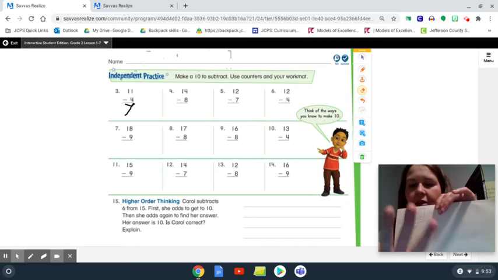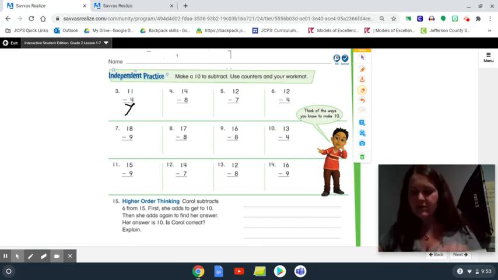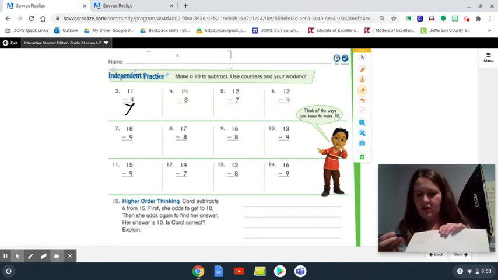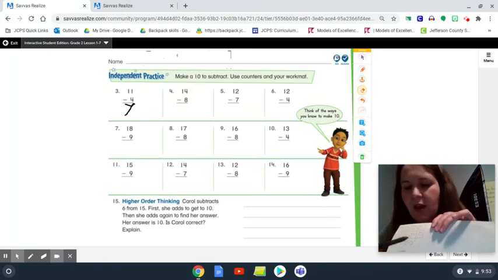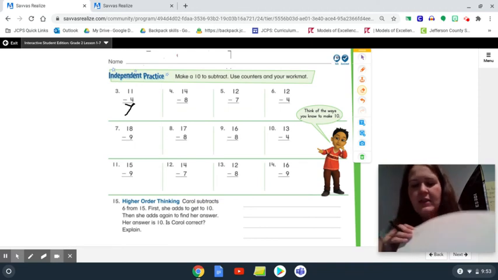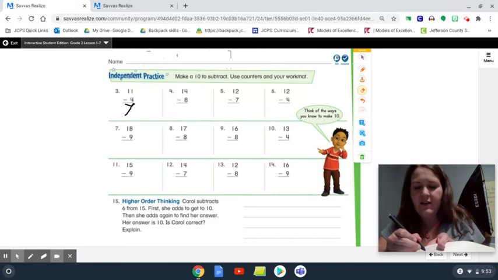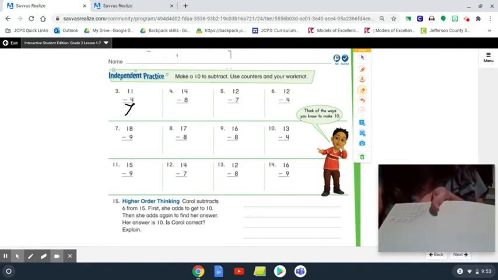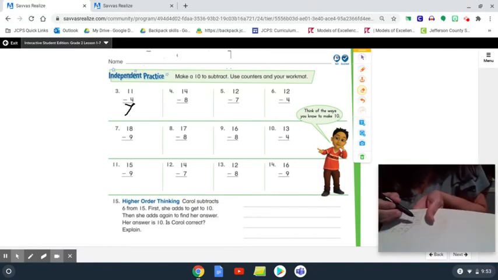And then I had 4 I got rid of. How many more do I need to get rid of from this 10 to get 8? 4 more. So I could count. So look, I've got 1, 2, 3, 4. Then I'm going to go 5, 6, 7, 8.